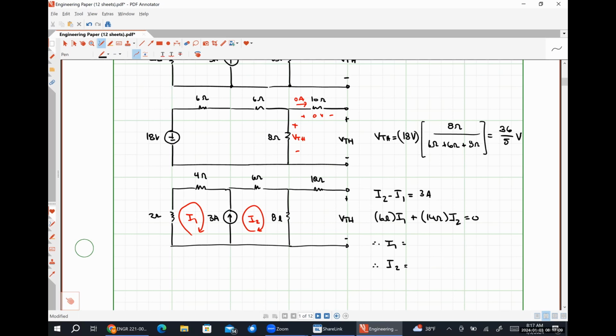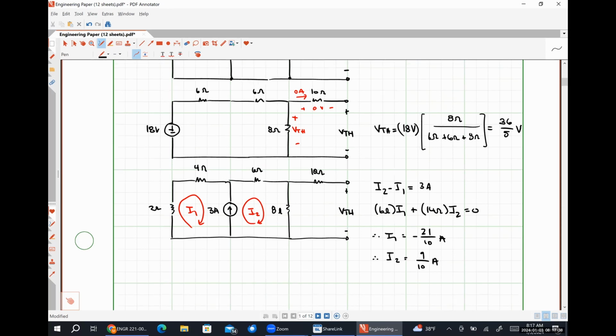So let's do just that. My coefficient for I1 in my first equation is -1. My coefficient for I2 in my first equation is +1. My constant term is +3. Then I have 6 I1, 14 I2 is equal to 0. Solving, I get -21 over 10 amps and +9 over 10 amps.